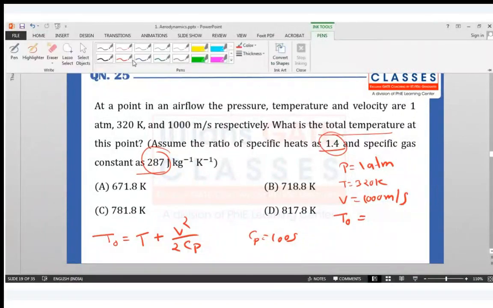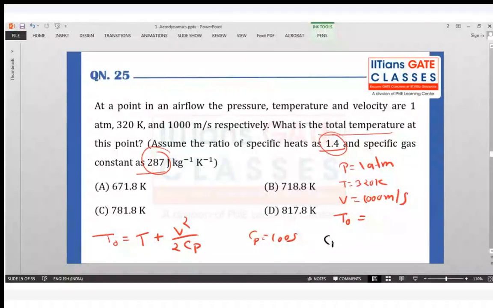You can verify also. Let me write down that formula: Cp is equal to gamma R upon gamma minus 1. With this formula, you can verify the value also.